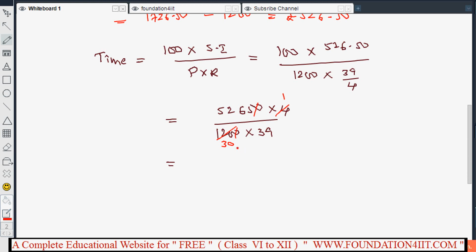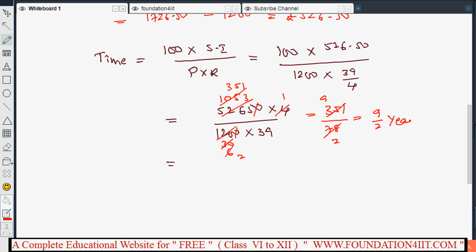Now the time we get finally after cancellation is 9/2. 1053, 3 3s are 9, 351 by 39 2s, 78. Again 39 table, we can cancel this. 39 2s, 39 9s. So 9/2 years.